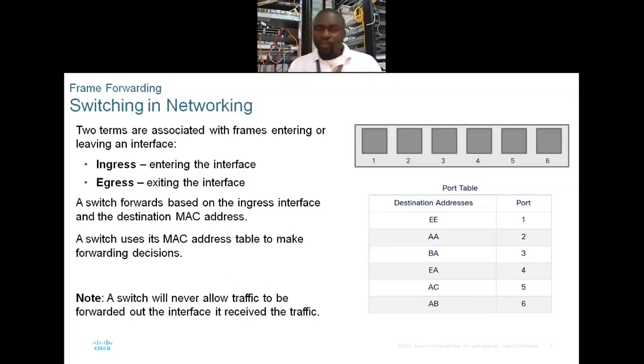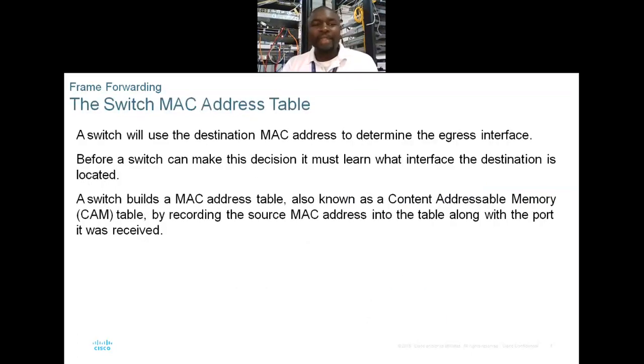The source MAC address is the MAC address of the device the frame is coming from, and the destination MAC address is the MAC address of the destination device, the next hop or receiving device that is supposed to receive this particular frame. So the switch makes its decision based on the MAC addresses.